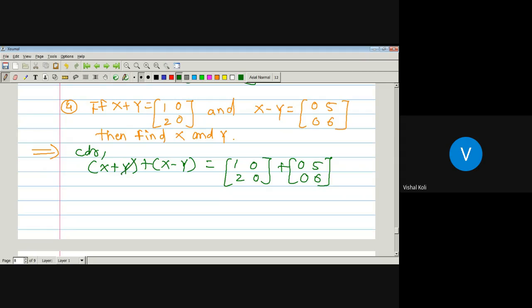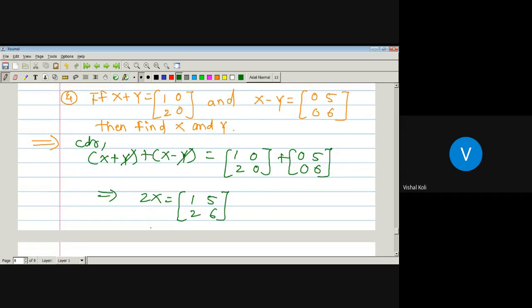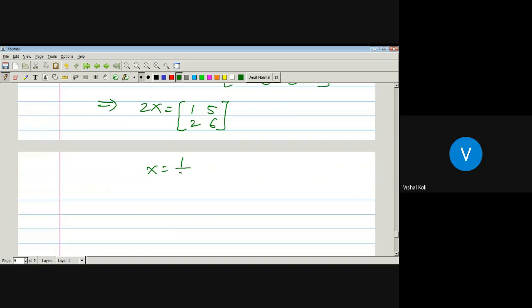Now plus Y matrix and minus Y matrix get cancelled, so this is equal to 2X, which is [1 5; 2 6]. So matrix X is nothing but one upon 2 times [1 5; 2 6], that is [1/2 5/2; 1 3].